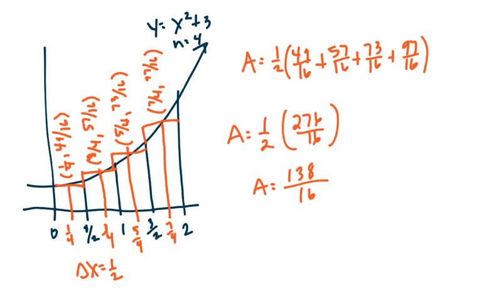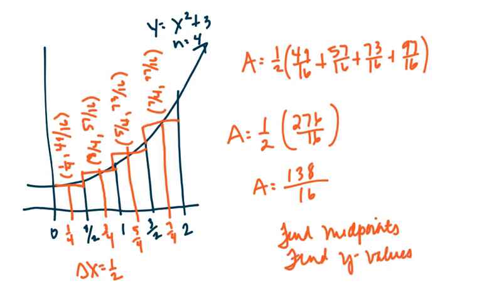It's a better approximation if you look at the decimal values. This is a better approximation than the other, but it's still not our best option. But for the midpoint rule, you find the midpoints, and then you find the y values, and then you do area equals change in x times the sum of the y values.